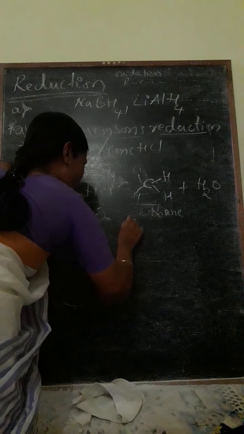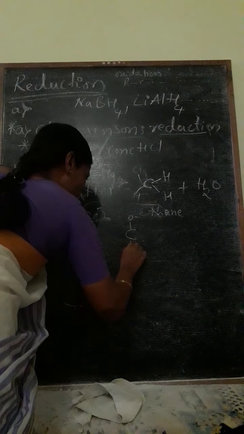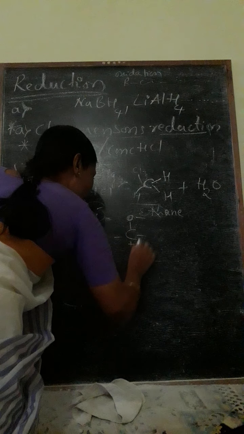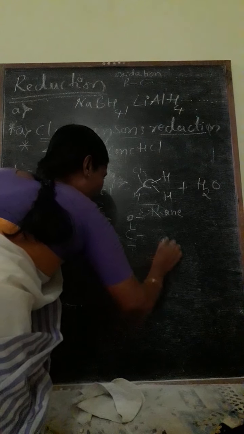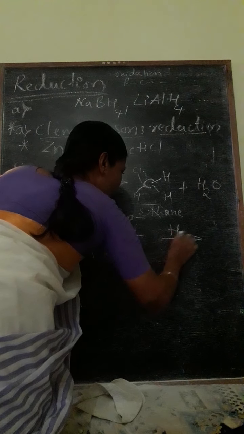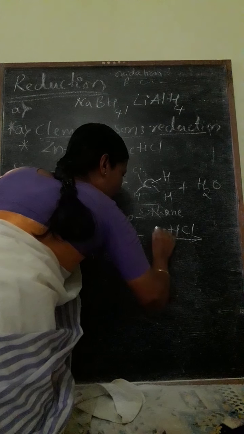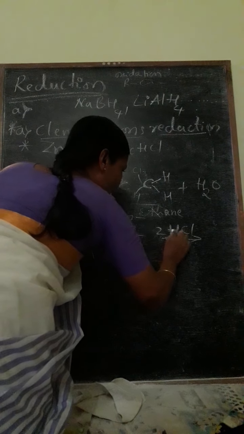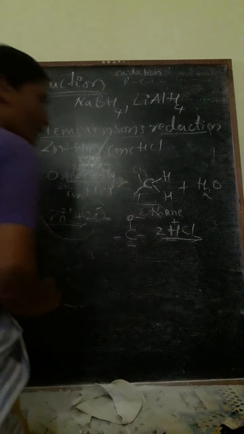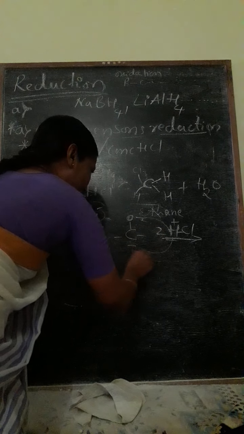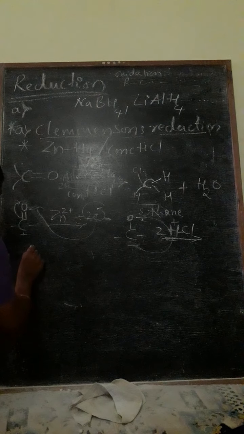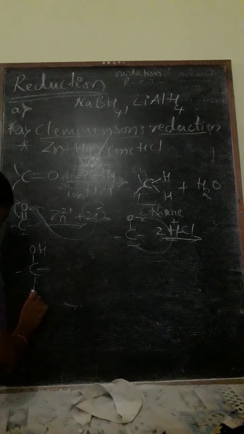Now it becomes C double bond O minus, and Zn is positive. One electron is on the carbon, so C is also minus. Further step, what happens? We have used HCl. I will take 2 molecules of HCl, so 2 H plus are obtained by dissociation of HCl. One H goes to oxygen and another H to carbon. Now it becomes C-OH, and next H.